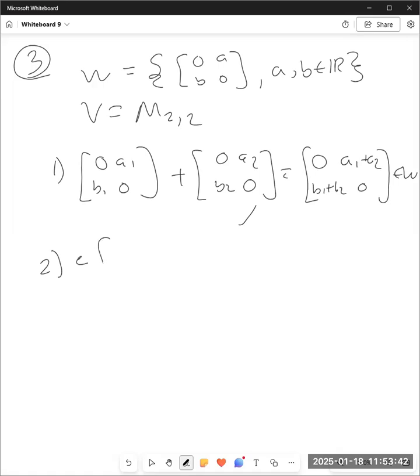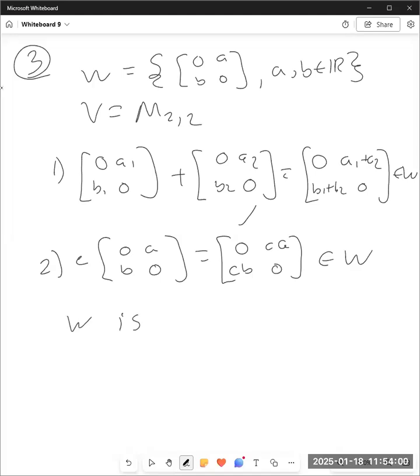And we have C times 0, A, B, 0 is 0, CA, CB, 0, which is in this form, so it's also in W. So W is a subspace of M22.